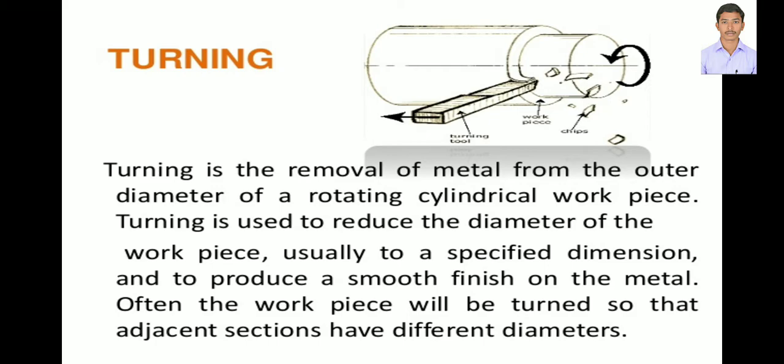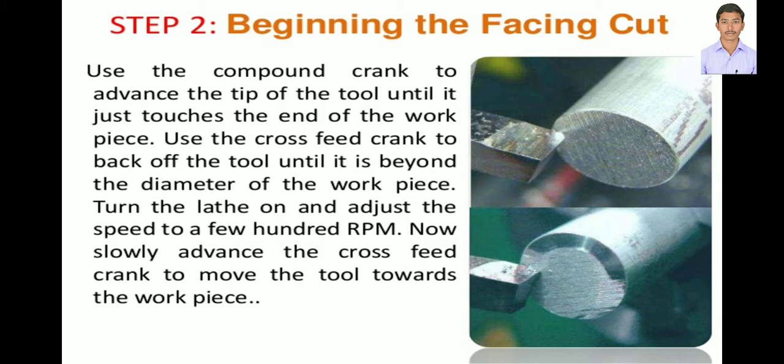And the next one is the turning operation. In turning we use different types of operations: step turning, taper turning, counterbore operation, and countersink operations. These are the different turning operations we perform on workpieces based upon our work requirement.